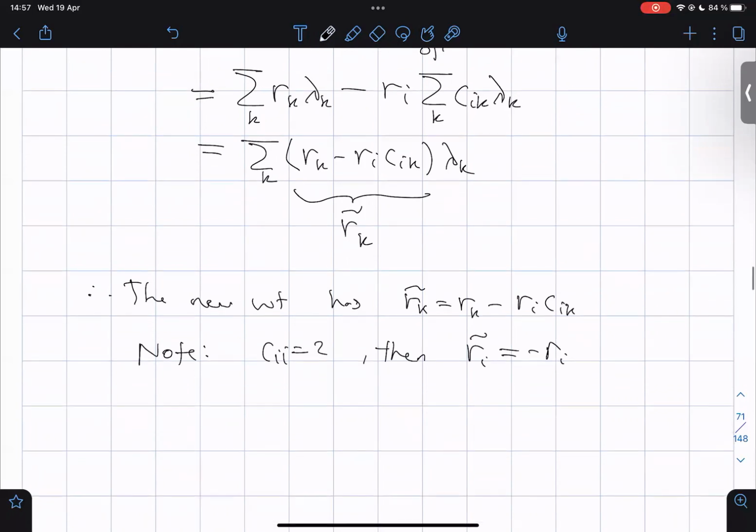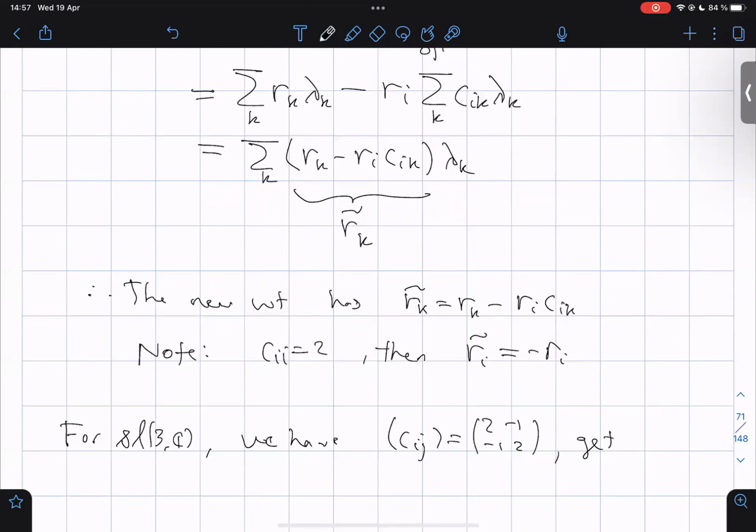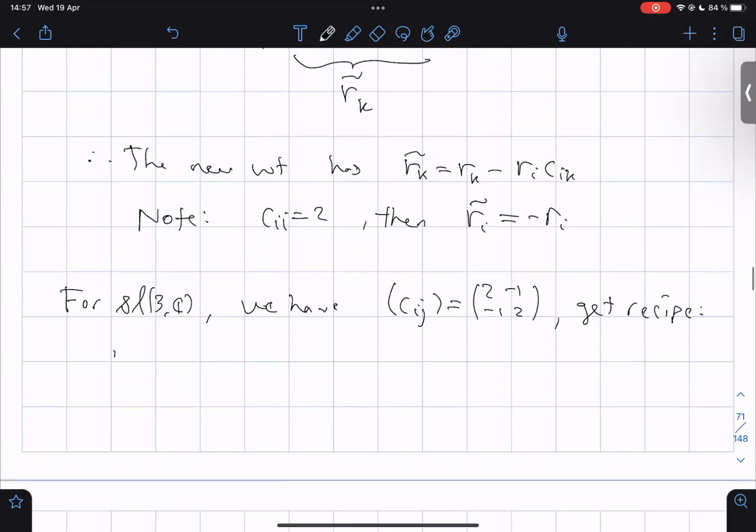Let me just write out this recipe for SL3. Despite the complexity of the calculation above, the algorithm here is very simple. We have this Cartan matrix, remember, in the SL3 case. And what we get is a recipe. So what is this going to do to the weight AB?